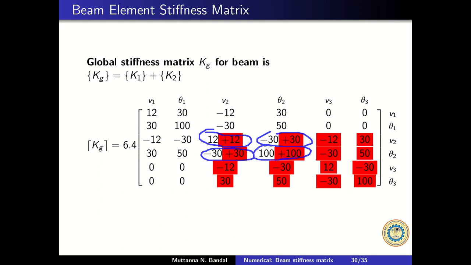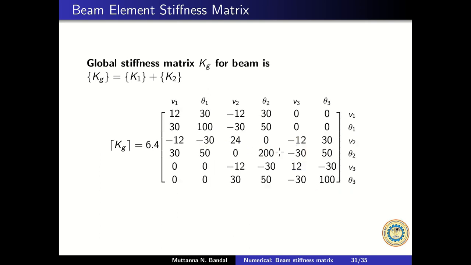So this becomes 24, and this, I think it has to be positive here, I missed it. This becomes 0, and this becomes 0. This becomes 200. So upon simplification, these are the changes, and the rest of all elements remain as they are.